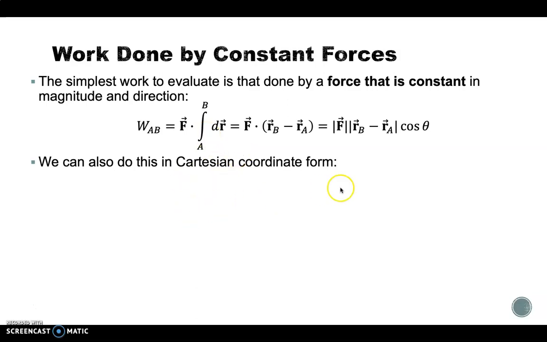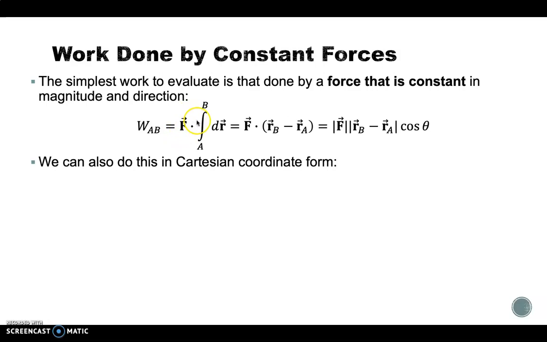It just is some magnitude. So what we have here is the work from A to B, and because the force is not dependent on our direction, we can pull that out of the integral.